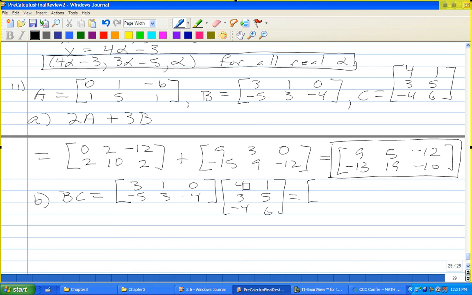3 times 4, 12. 1 times 3, 3. 12 plus 3 is 15. 0 times negative 4 is 0. So 12 plus 3 plus 0 is 15. Do the next. 3 times 1, 3. 1 times 5, 5. 0 times 6, 0. 3 plus 5 plus 0, 8.